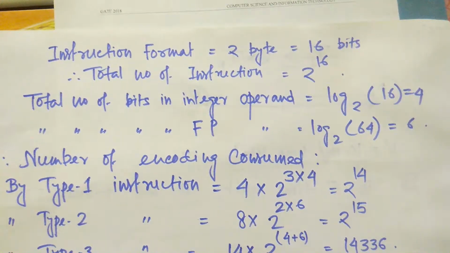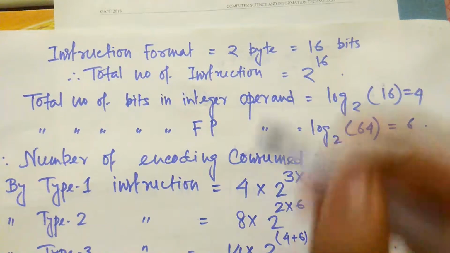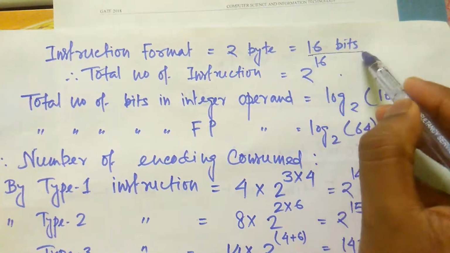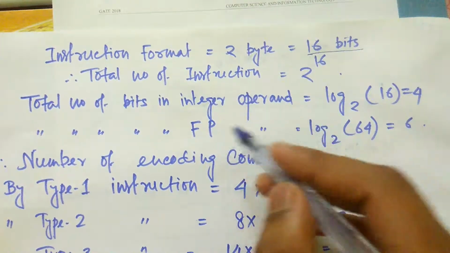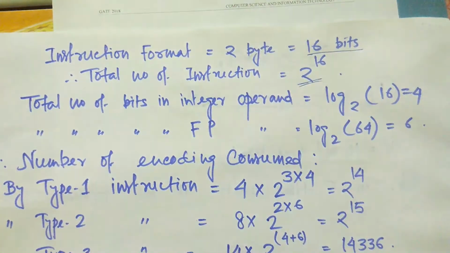It is given that the instruction format is 2 bytes, that is 16 bits. So the total number of instruction encodings possible is 2 to the power 16.